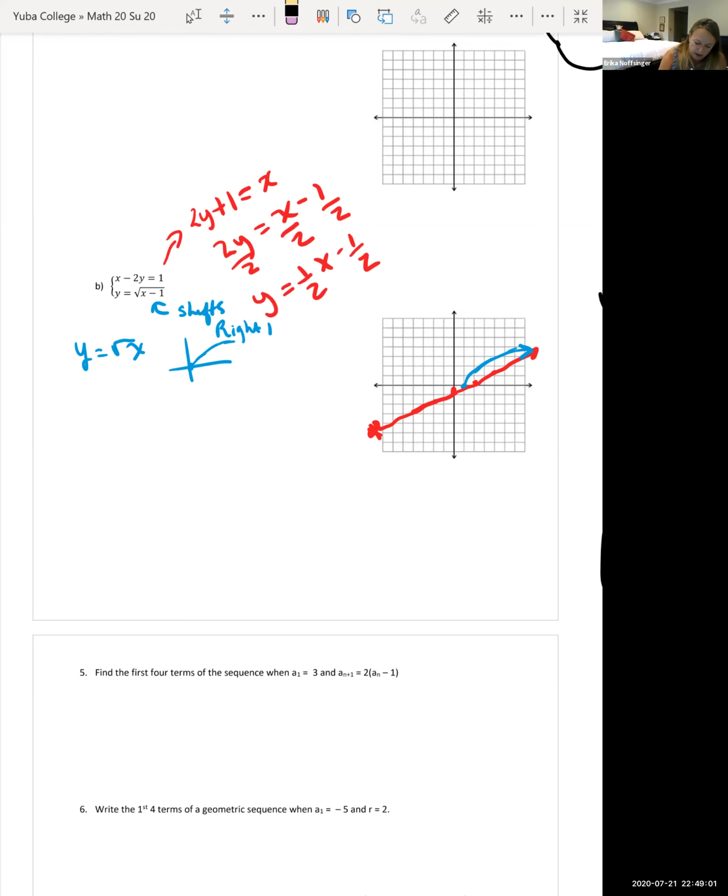Let's go back here and plug in for y. We know what y is because of this equation. So if we do that, we get x minus 2 times y.